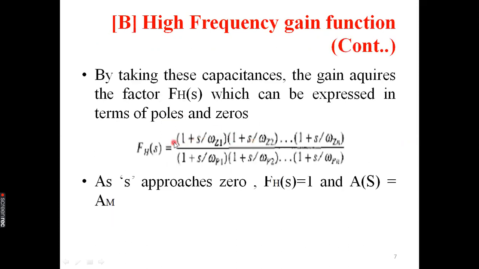So that FH of S can be expressed as this equation in terms of poles and zeros. You can take down the equation for FH of S. If you have any doubts in the concepts, you can post me and ask.